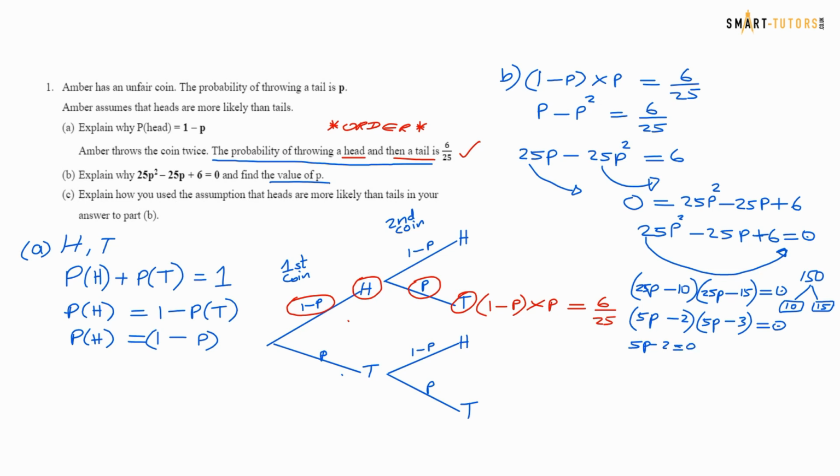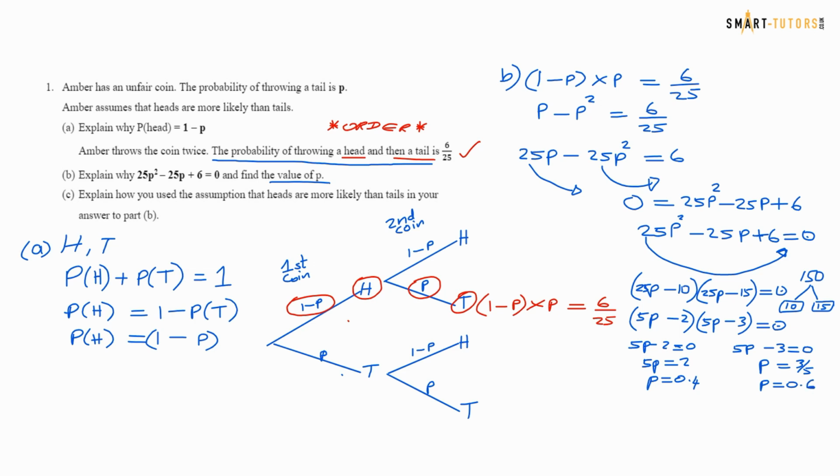You can do your maths and find 5p equals 2, and p equals 2 divided by 5, which is 0.4. Next one, 5p minus 3 equals 0. So p equals 3 upon 5, which means P equals 0.6. Right? Those are the two answers.